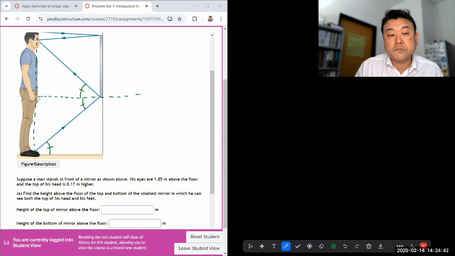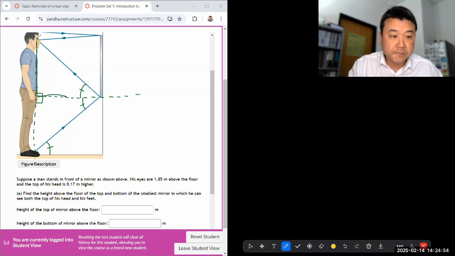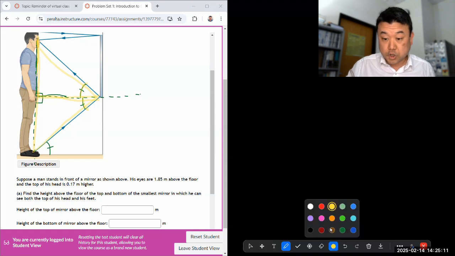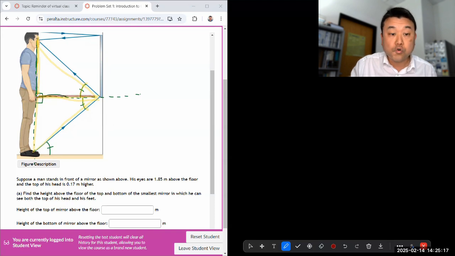And this is 90 degrees, this is 90 degrees, which means these two right triangles are similar. So this right triangle here is similar to this right triangle because they share this angle and they are right triangles. Now, because they share this side, they are actually more than similar. They are congruent to each other. They are the same triangles.